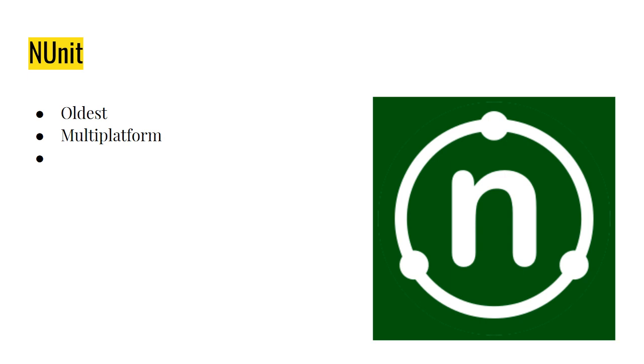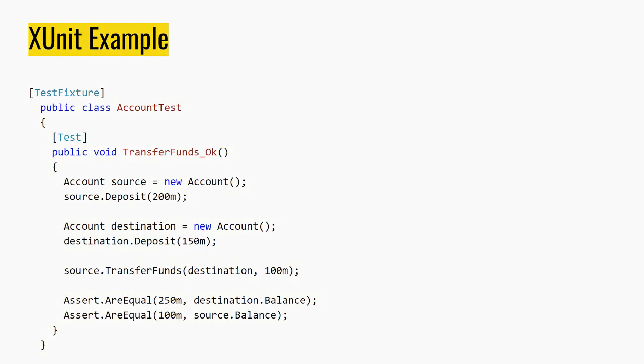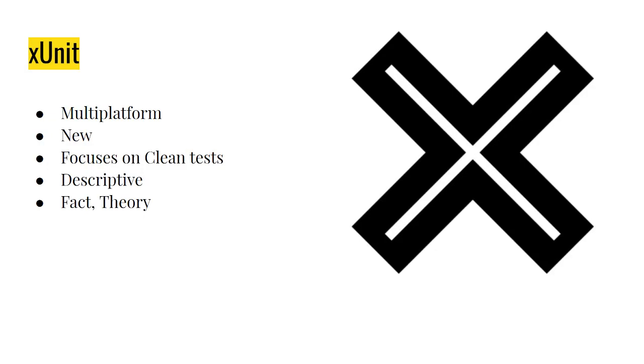And so NUnit is the oldest, most featureful testing framework, and XUnit is the newest, less featureful framework, but it's better than MS Test, and it offers an object-oriented approach to the way you write tests. You will feel at home if you like object-oriented programming with XUnit.